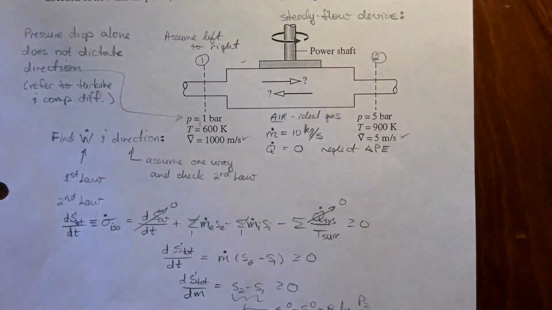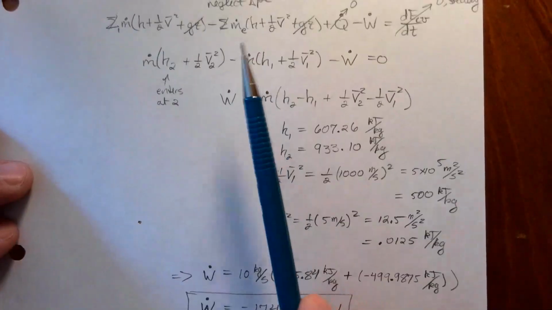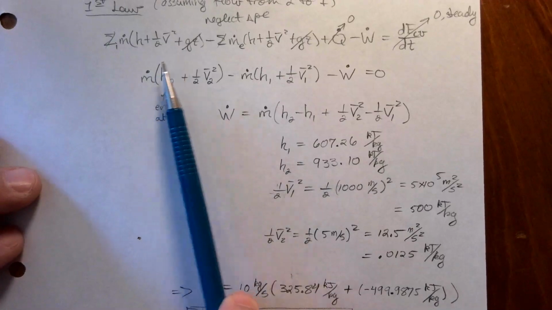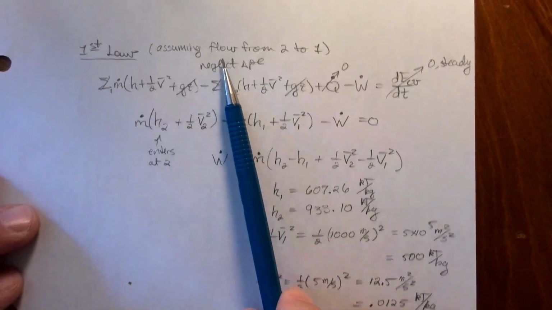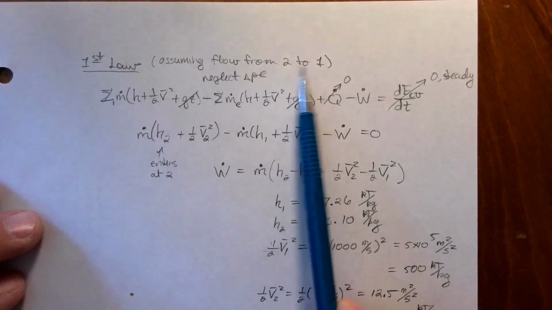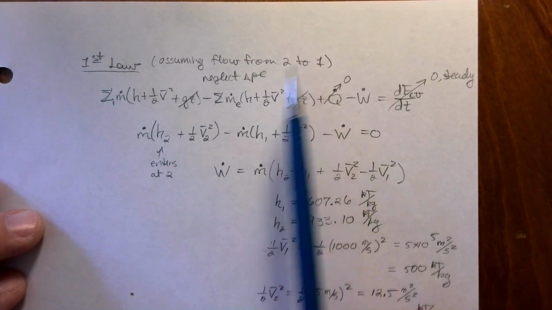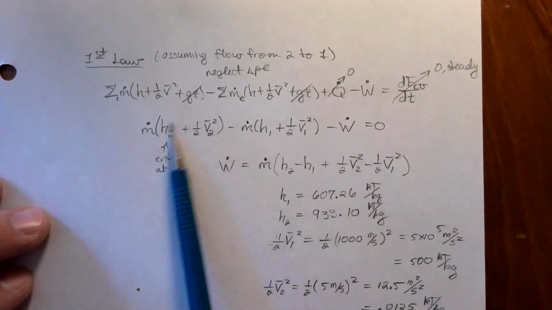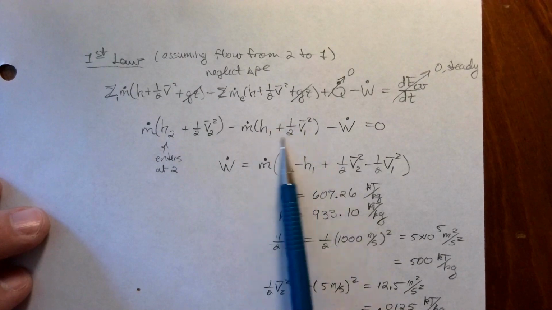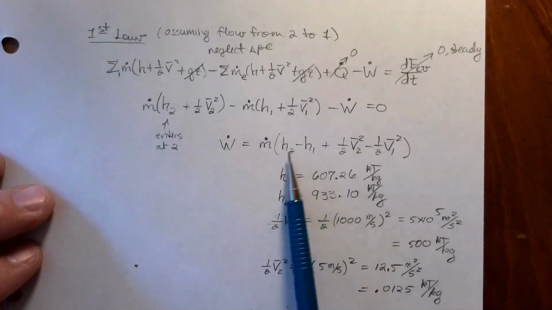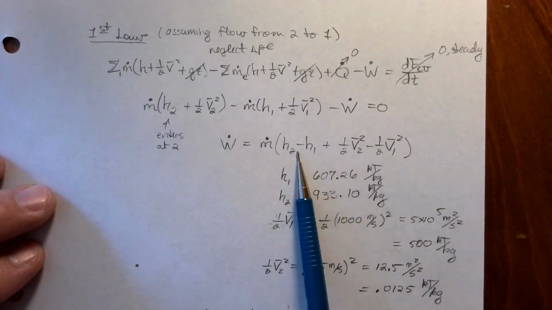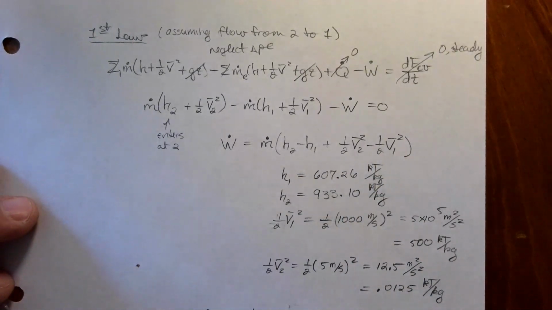Okay, so now with that information, we can go and evaluate the first law. And now we're assuming the flow is from 2 to 1. So the inlet, I have 2's here, and the exit, I have 1's there. So this is the negative of the numbers that we had in the previous equation.